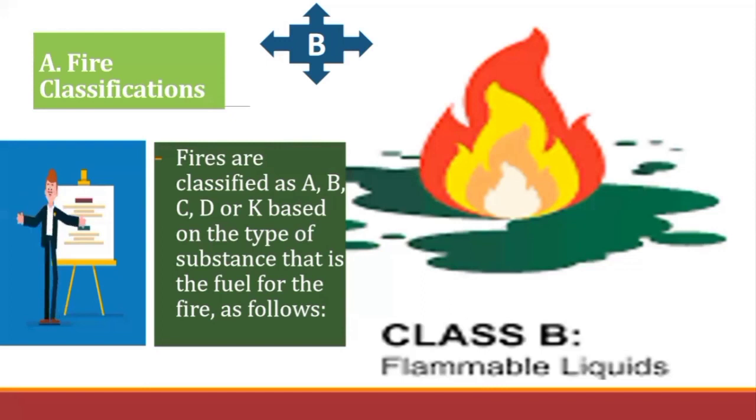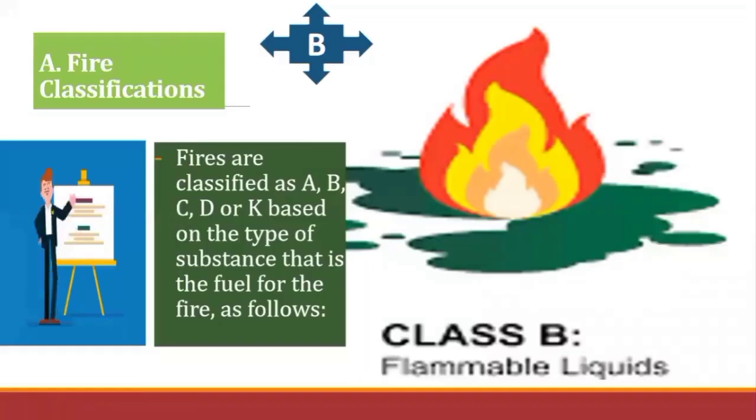Even paints. Yet most of our buildings and most of our houses are painted. In cases where you are dealing with Class B fires, what is the best type of extinguisher that you can make use of?